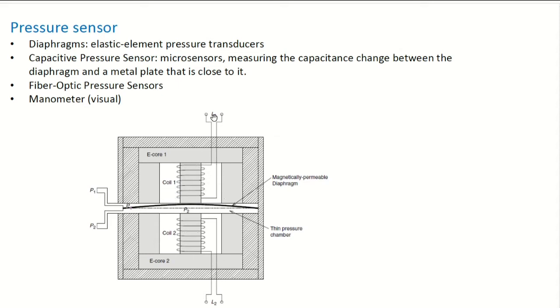So the inductance seen between L1 and L2 will differ. At first L1 is equal to L2, and if the displacement is positive in this way, you have this change. Of course, in the bridge you must have an AC voltage. So this is inductance. You have the same using a capacitance change between these two plates.